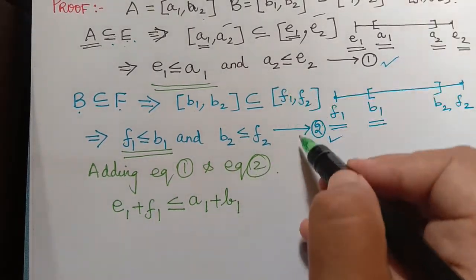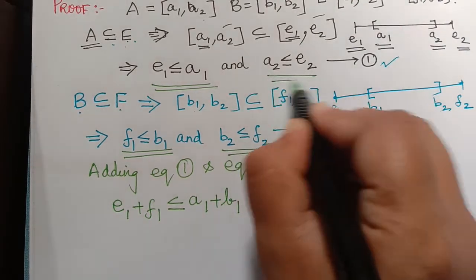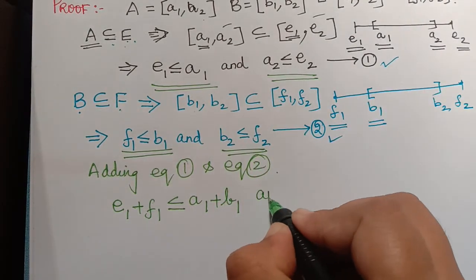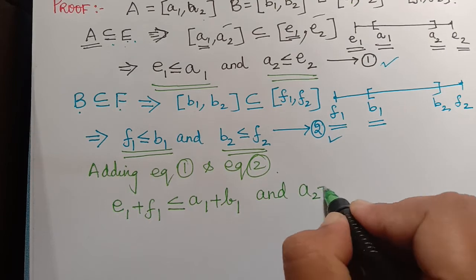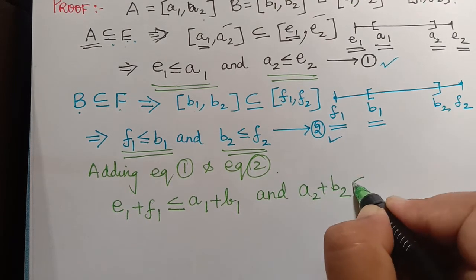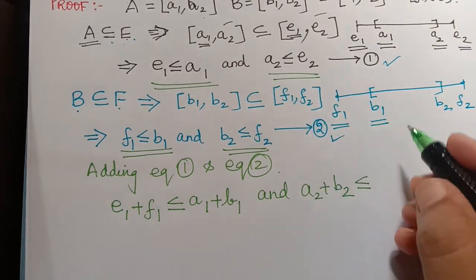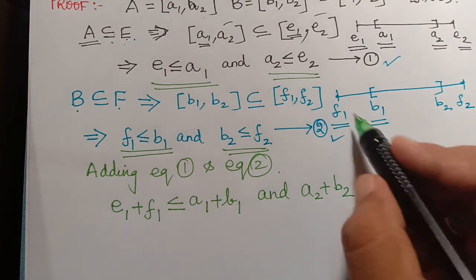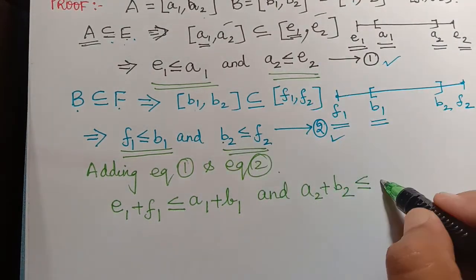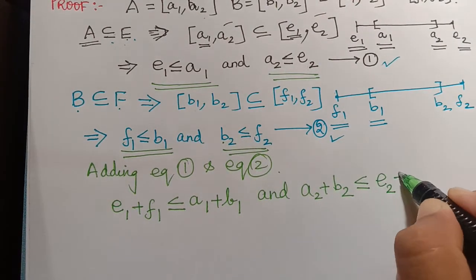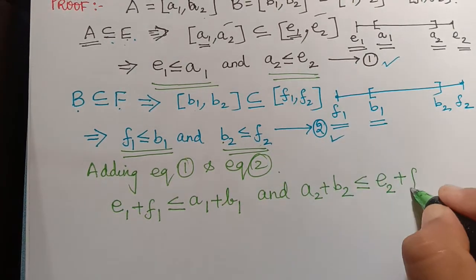And then we add the others, and A2 plus B2 is lesser than or equal to E2 plus F2.